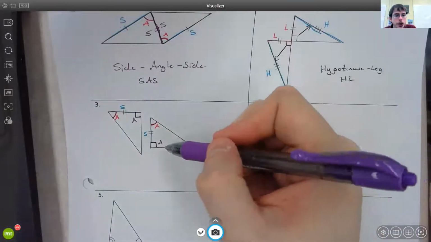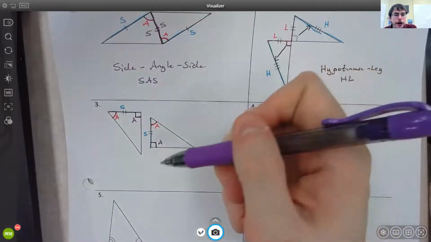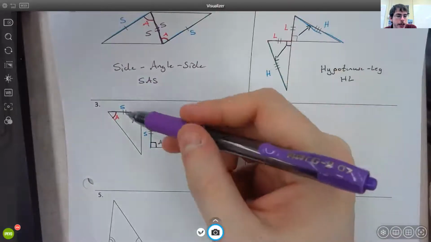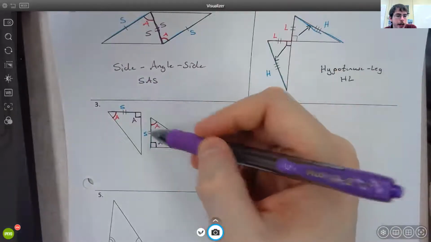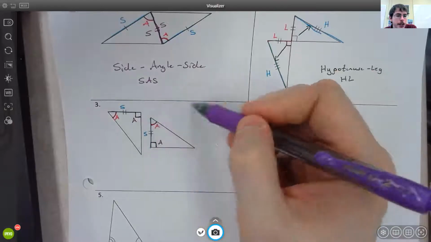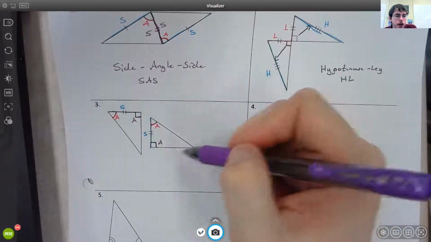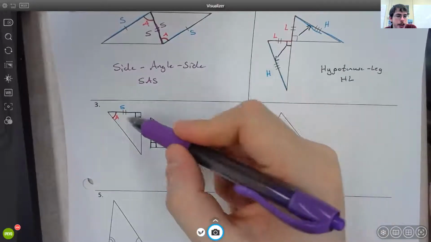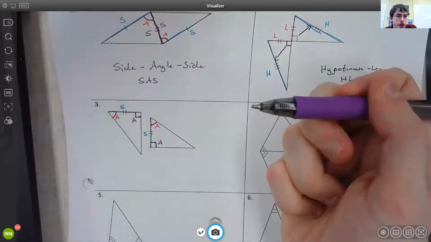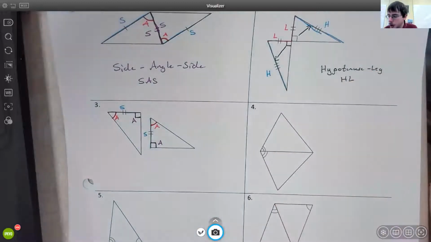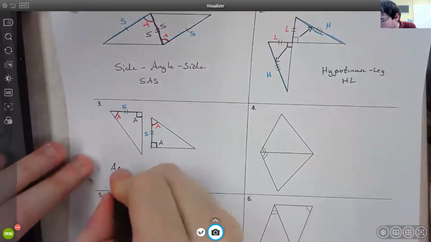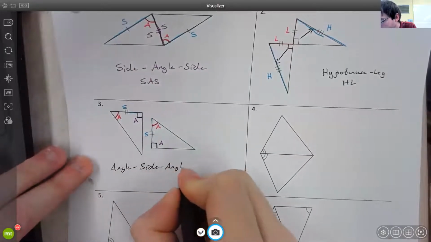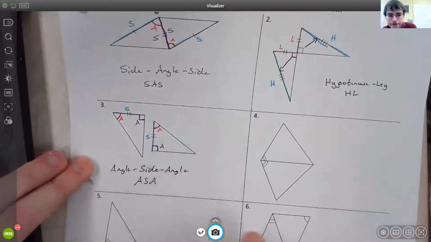So we have two congruent pairs of angles, and one congruent pair of sides. Is that pair of congruent sides between the two angles on both of them, or is it outside of the two angles? If we look here, we have ASA, ASA, so the side touches both of the angles. That means we are dealing with angle, side, angle, or ASA.